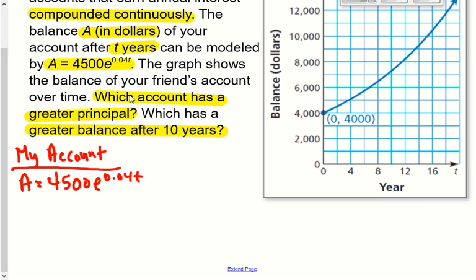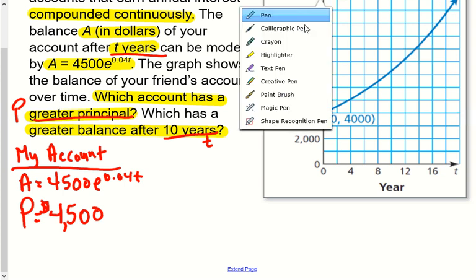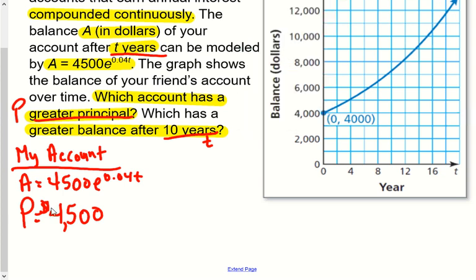And it says which account has the greater principal and which account has the greater balance after 10 years. So you know that T is your years, so 10 is going to be the T value. P is your principal, so we're going to look at that as well. Now for this one, I can go ahead and find the principal. It's given to me right there in the equation. The principal is $4,500. I'm going to go ahead and highlight that so that I don't lose it. So my principal here is $4,500.